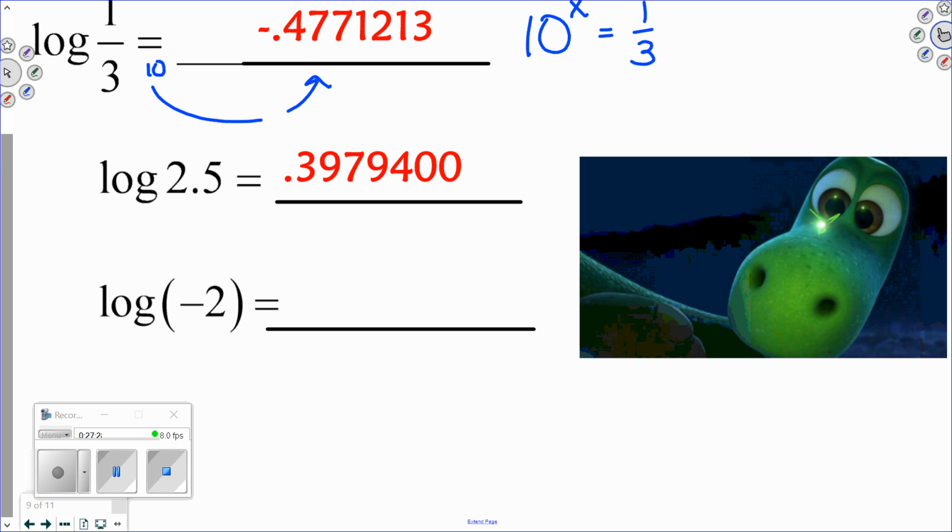Uh-oh. What do you mean you got a domain error? What is this asking me? Let's start there. What's the base? So it's saying 10 to what number equals -2? Can you raise a positive 10 to some exponent and make it negative?